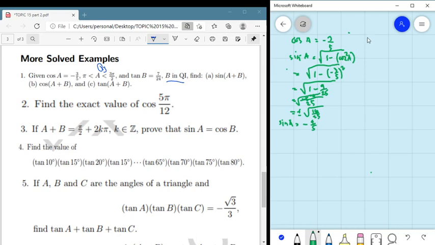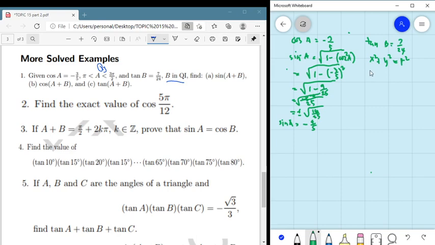The next given is we have tangent B equals 7 over 24. So using x squared plus y squared equals r squared, our y is 7 and 24 is x, since tangent is y over x, or sine over cosine.